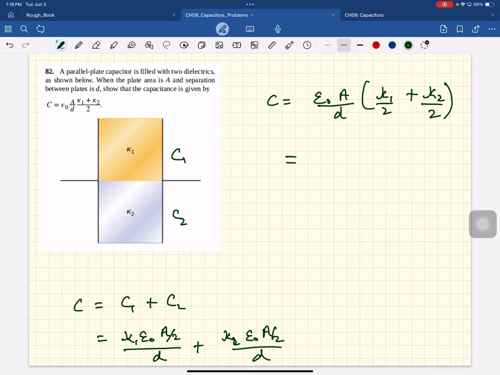So 1/2 kappa 1 plus kappa 2 times epsilon naught A by D.